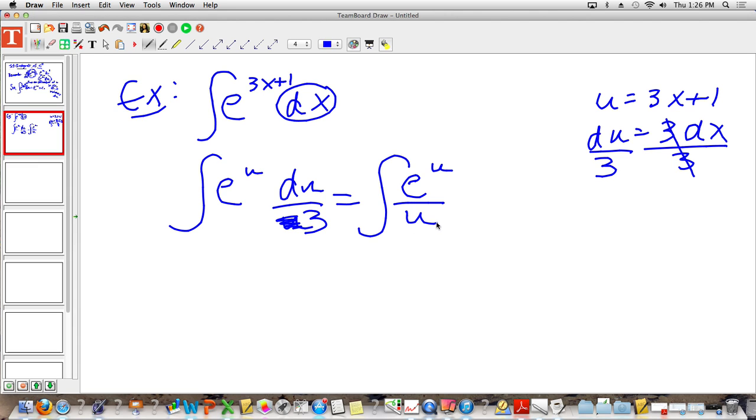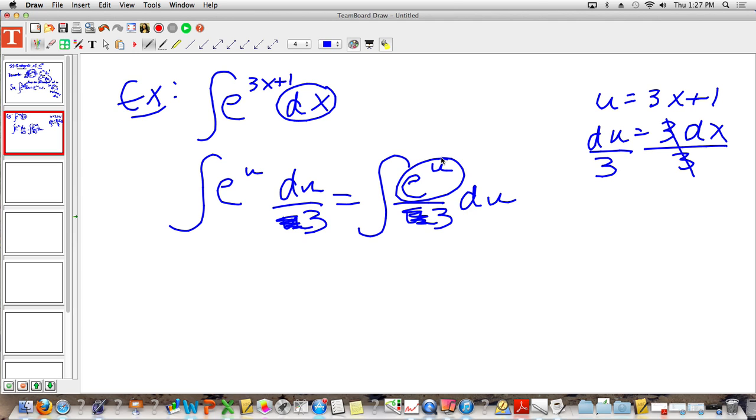Why do I keep doing that? I don't know, because the natural log has u prime over u. That's what I'm thinking. So what is the integral of e to the u? It's e to the u.